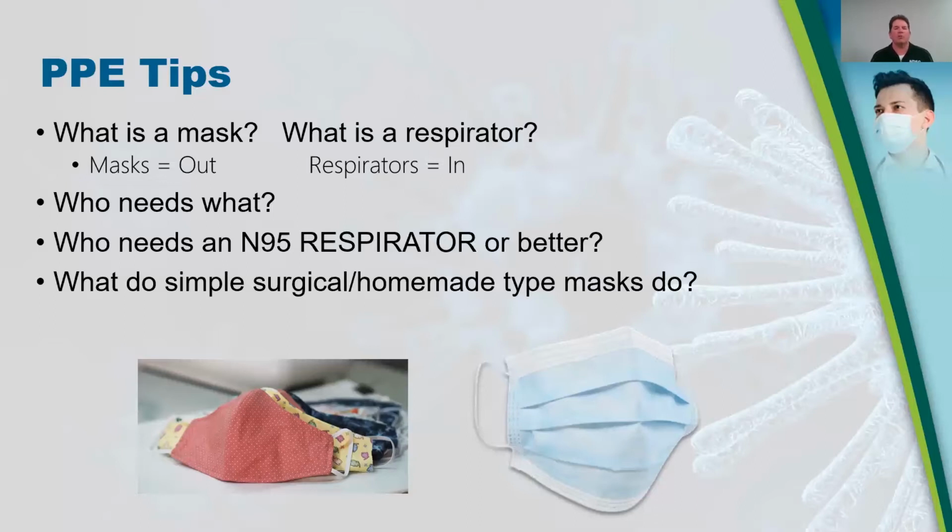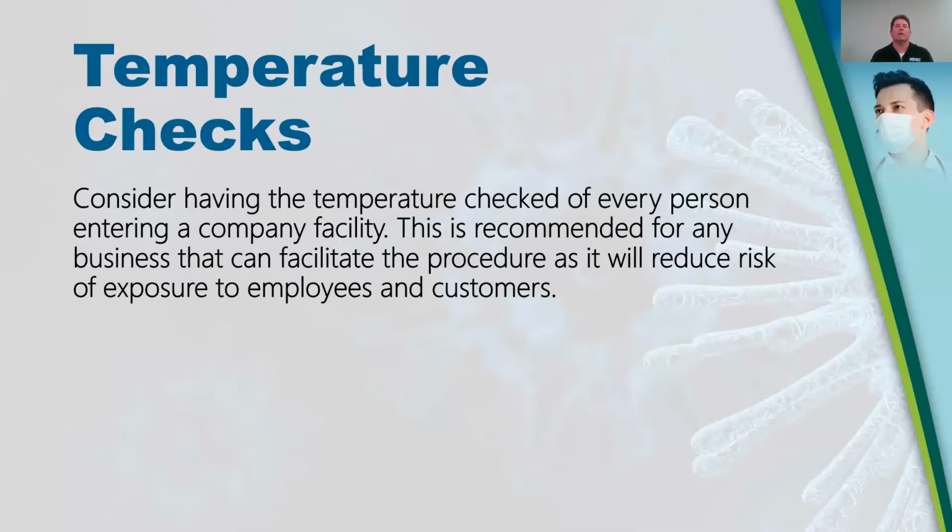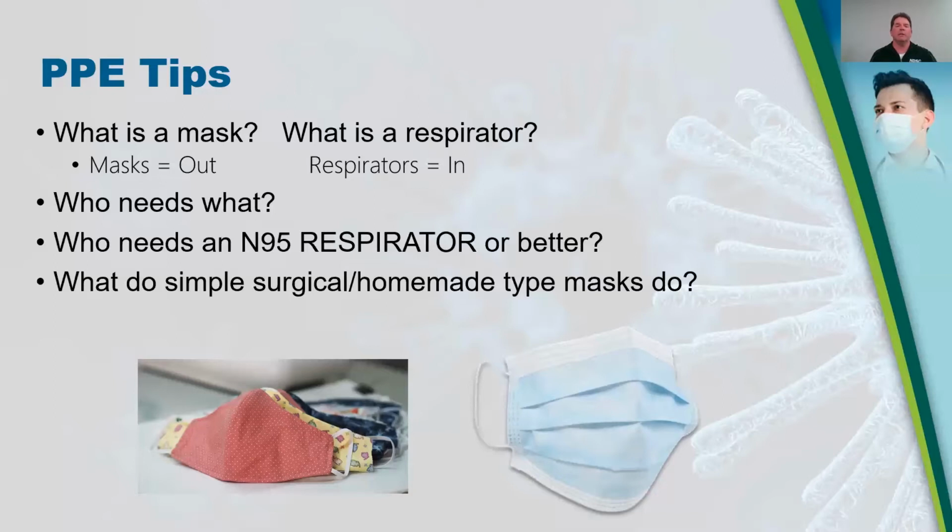If you have questions on these, specifically, say you have an employee that chooses to wear an N95 respirator in the workplace of their own will. They bring in an N95 respirator and they want to wear that in the workplace.